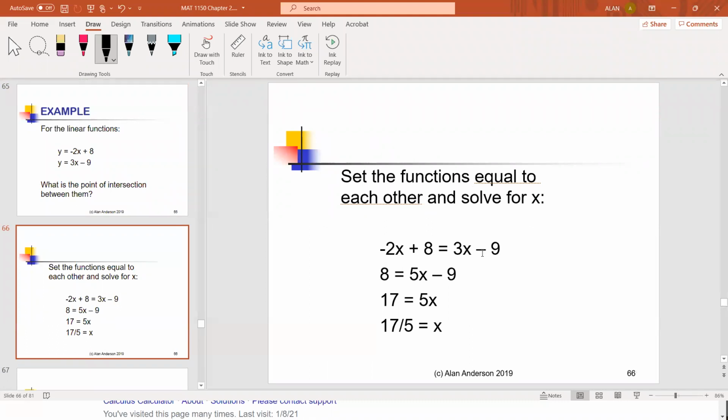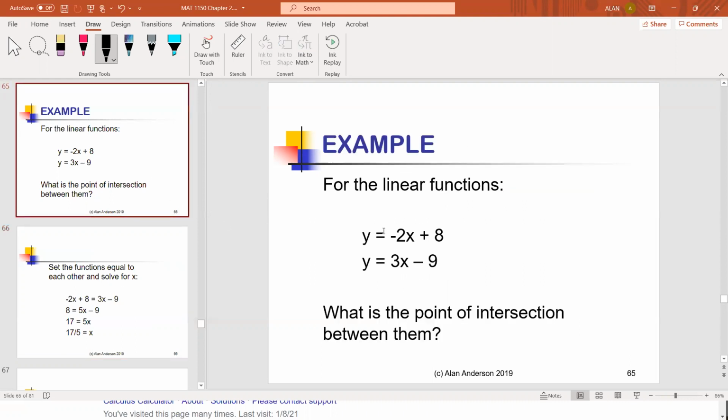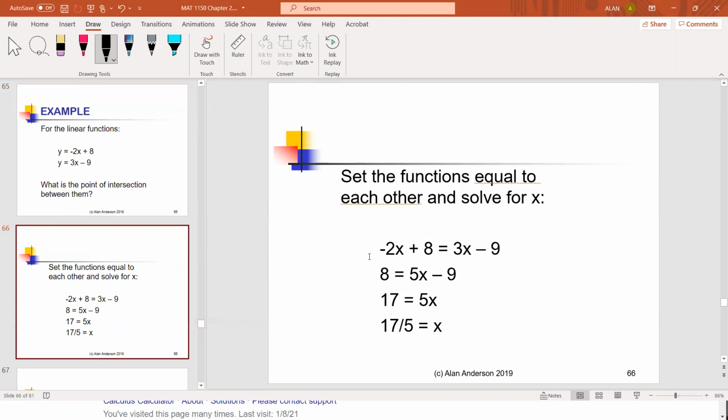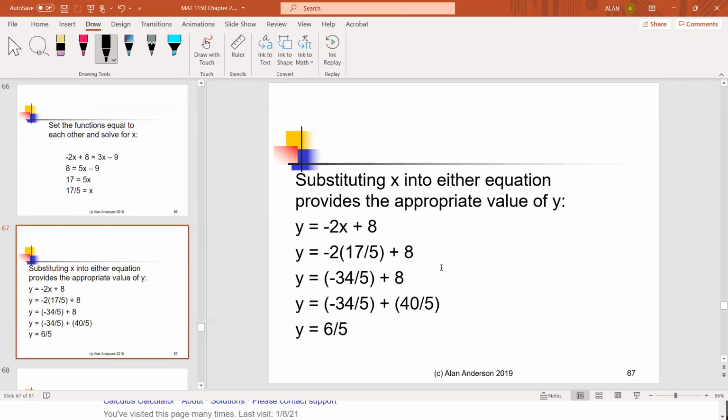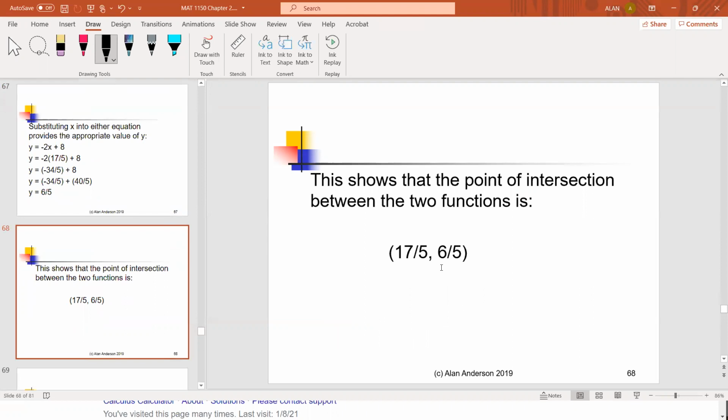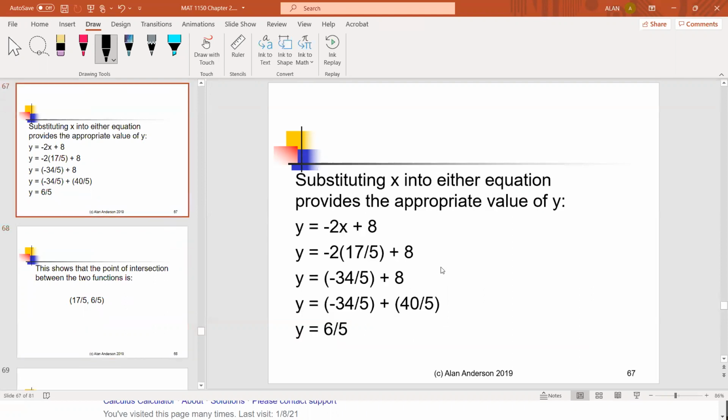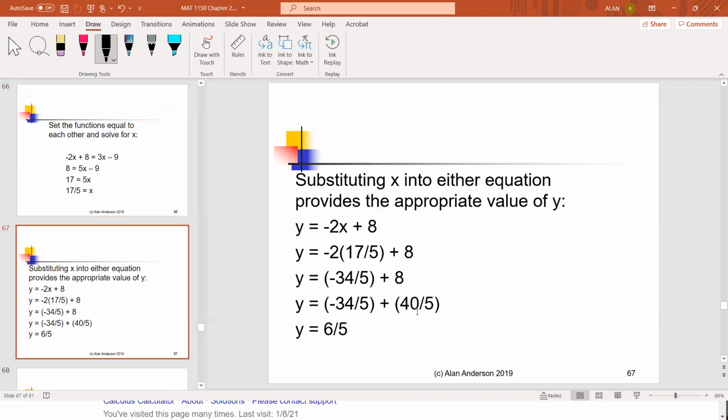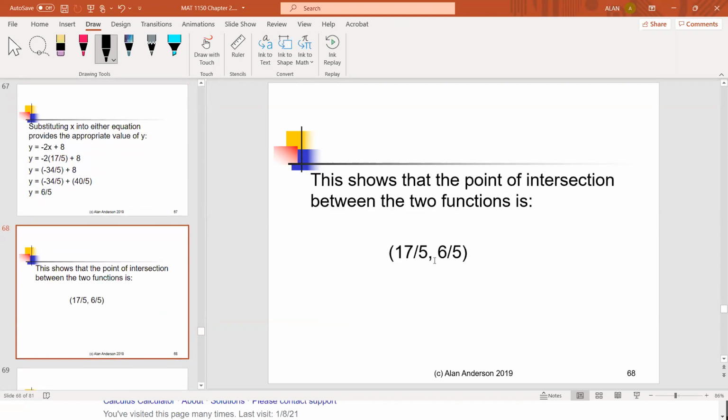And here you can see, after doing a little algebra, we end up with 17/5 for x. So what do we do about y? Well, that's easy. You plug this x back into either one of these two equations, and you'll get your y, which turned out to be 6/5. So in other words, the point of intersection is x = 17/5 and y = 6/5.